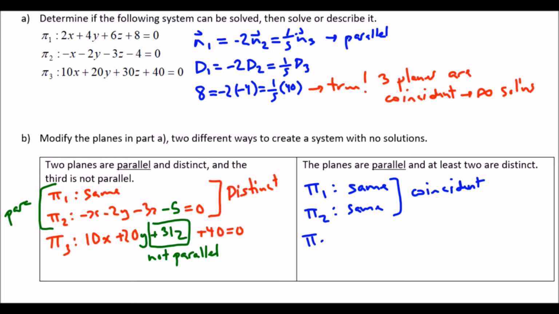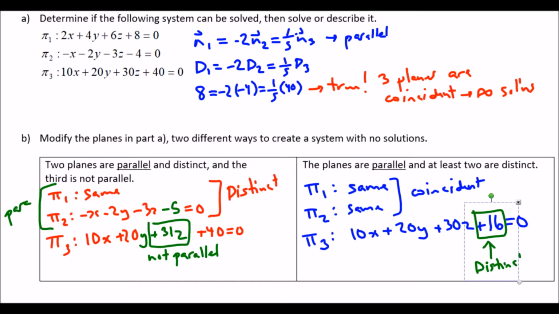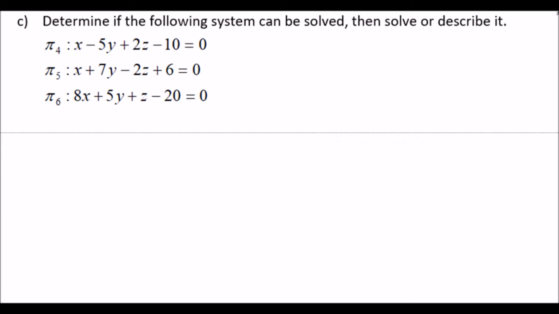But then plane 3, I'm going to keep 10x plus 20y plus 30z, and I'm just going to change that constant. So instead of plus 40, I'm going to do plus, oh, my favorite number, 16 equals 0. That changes it, so that makes it distinct. Simply by changing the d value, I now have a distinct plane. But these 3 are all parallel. And there we go.